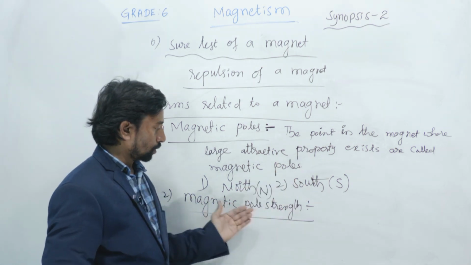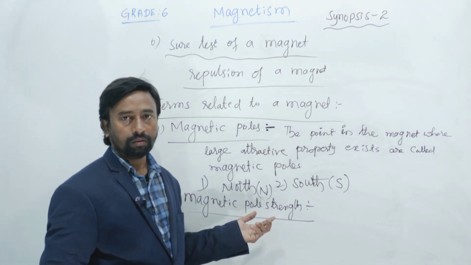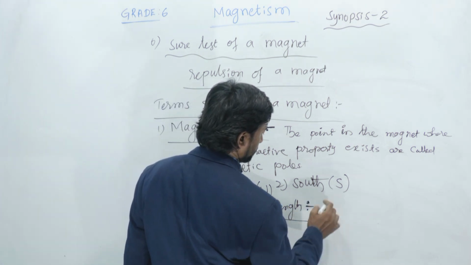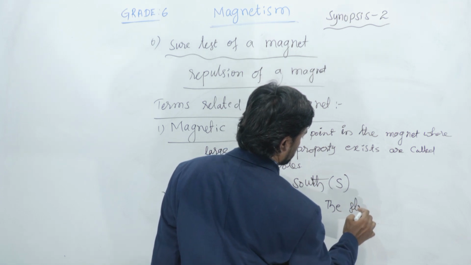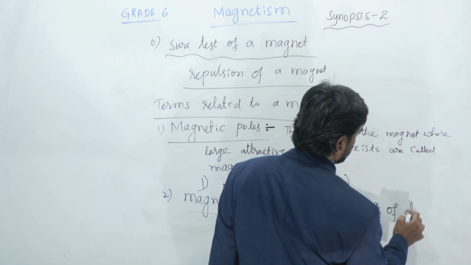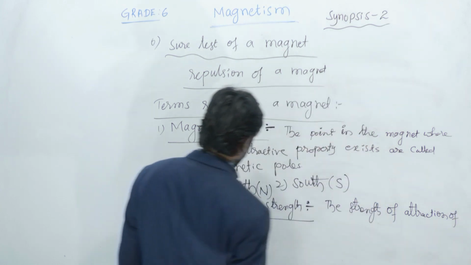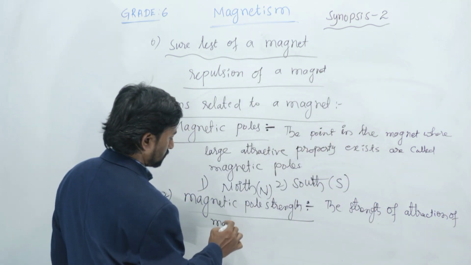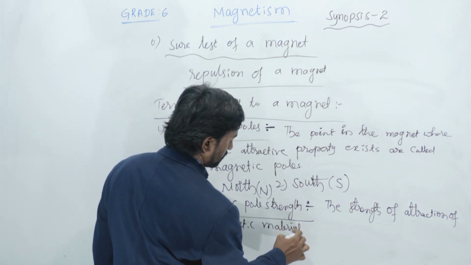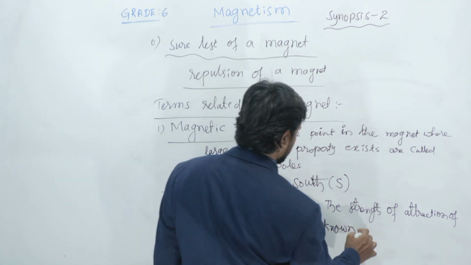The magnetic pole strength is nothing but the strength of attraction of magnetic materials by the pole. They are known as the strength of attraction of magnetic materials, known as magnetic pole strength.